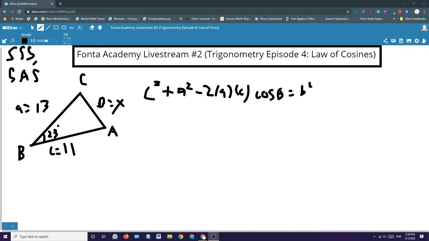So let's solve it. We know C is 11. 11 times 11 is 121. Plus A squared, we know A is 13, so 13 squared is 169.